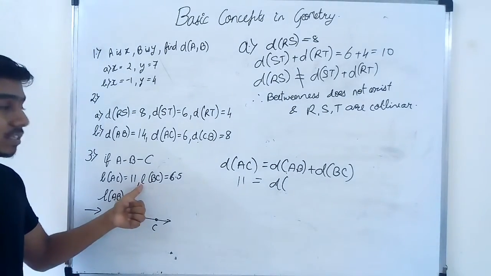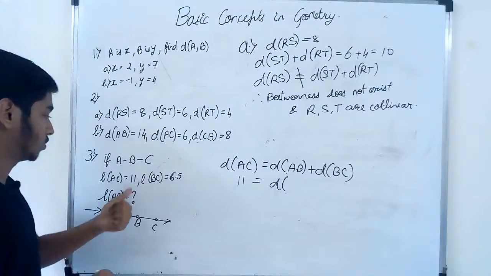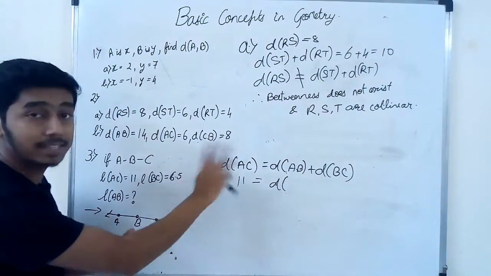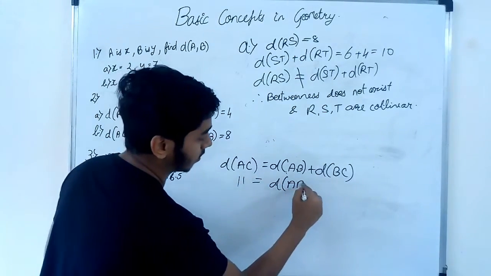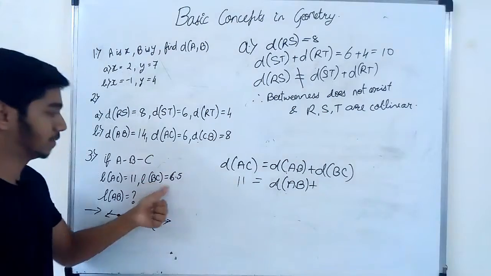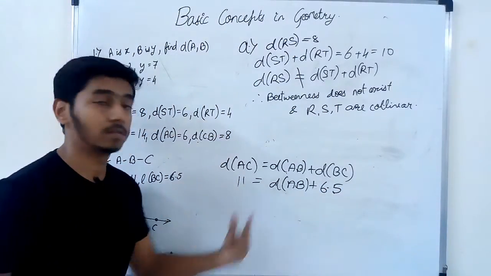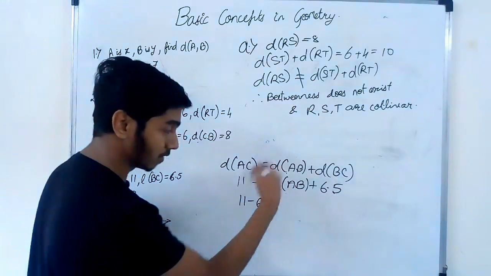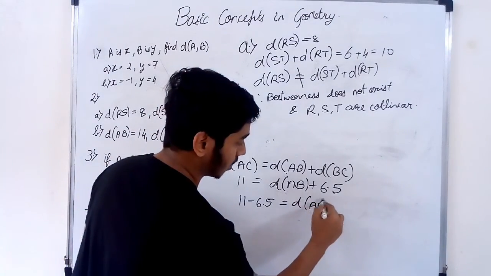Instead of distance you can write L also, which is saying length. So it doesn't matter whether you write distance D or length, it means the same. So distance AB we need to find, plus distance BC is 6.5. Now what will this be? 11 minus 6.5, the 6.5 comes on the left hand side, equal to distance AB.